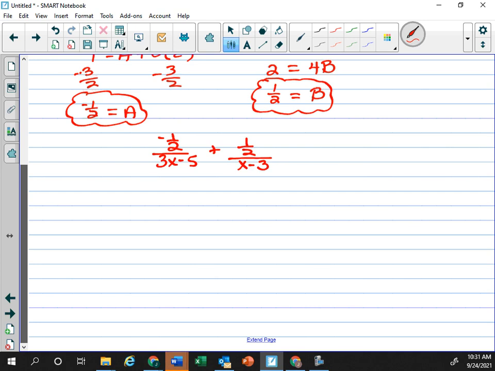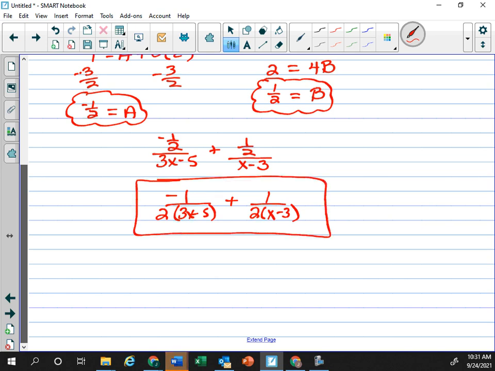Is that very pretty, though, with a fraction in a fraction? Do we like that? No, I would not want you to leave it that way. So what's really happening is -1 over 2 times (3x minus 5) plus 1 over 2 times (x minus 3). Those are the same thing. Okay, so that is your final answer.